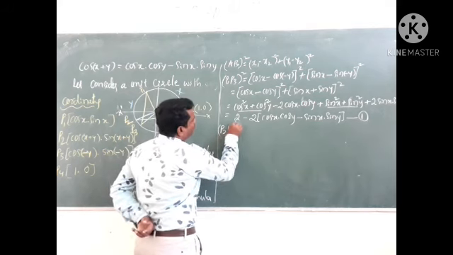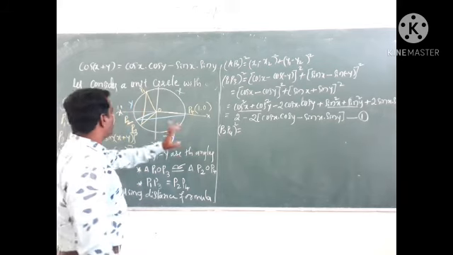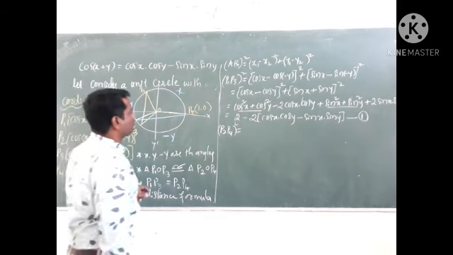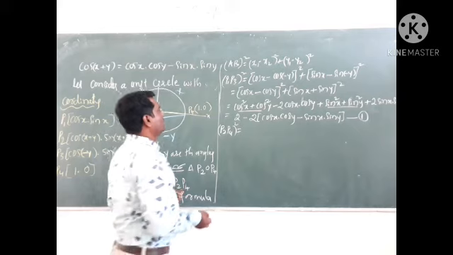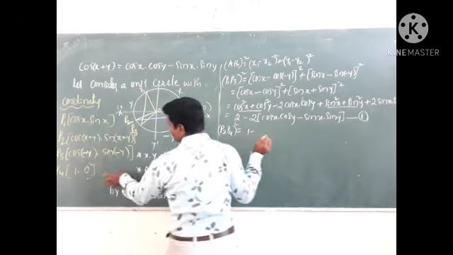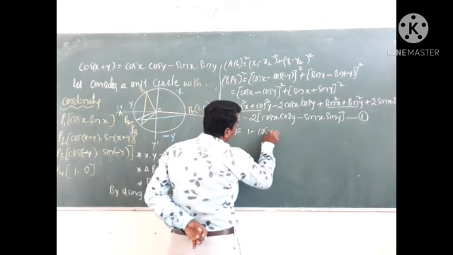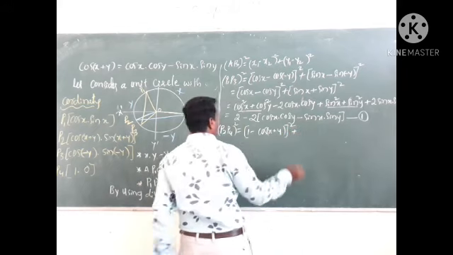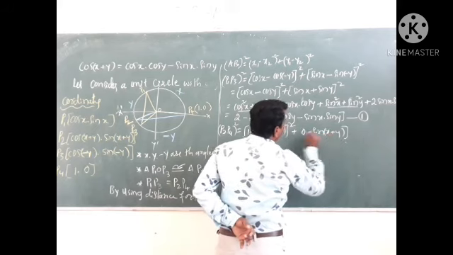P2 P4 whole square equals, with the coordinates of P4 as 1, 0 and P2 as cos(x plus y) and sin(x plus y), using the x2 minus x1 whole square formula: 1 minus cos(x plus y) whole square plus 0 minus sin(x plus y) whole square.